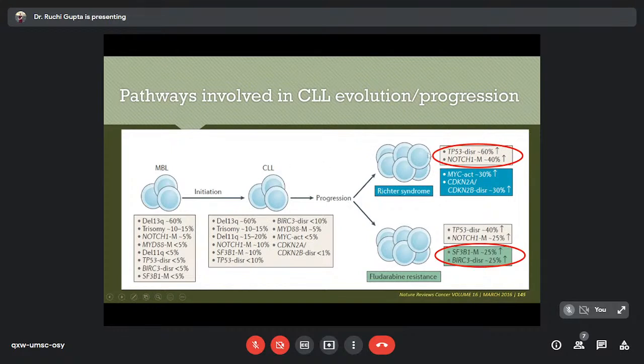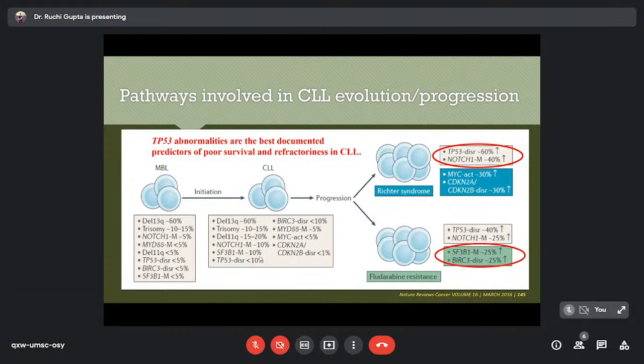And further on, the role of Notch1, TP53, SF3B1 and BIRC3 becomes more important when the disease is either in a phase of drug resistance or has progressed onto a DLBCL type morphology, that is the Richter syndrome. So if we see here, the incidence of Notch1 mutations is as high as 40%, as compared to hardly 10% in the initial stage of CLL.